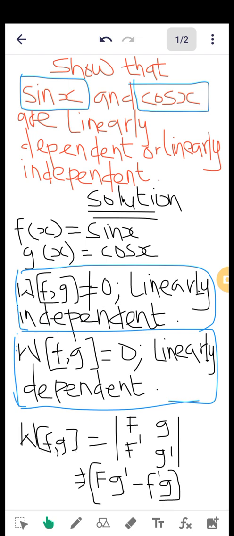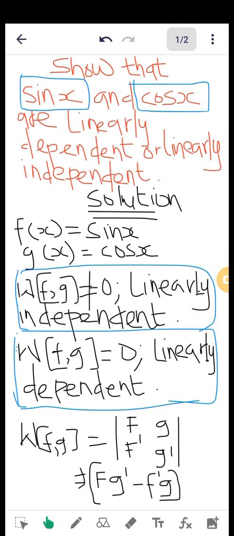We first write the terms that have been given, the f and the g, on the first row. So write your f here, my g here. Then you differentiate your f and write it beneath the f. Also you differentiate the g and write it below the g.